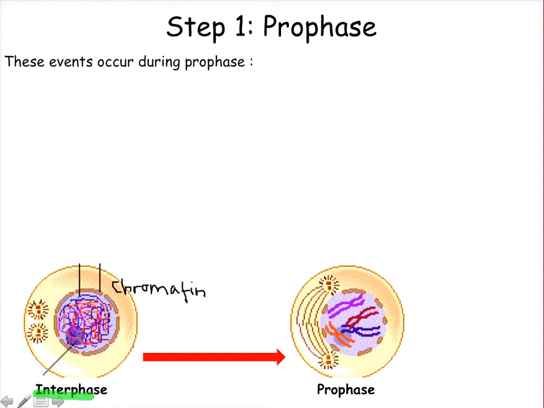Okay, and here it kind of looks like spaghetti, but those are chromosomes, but they're loosely unwound.